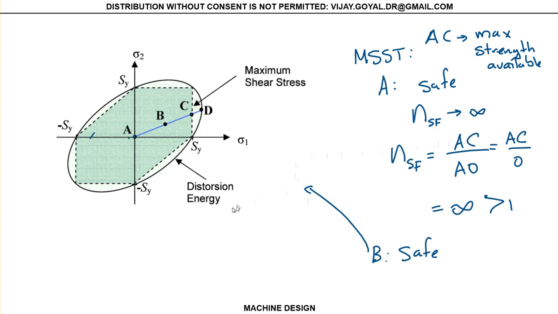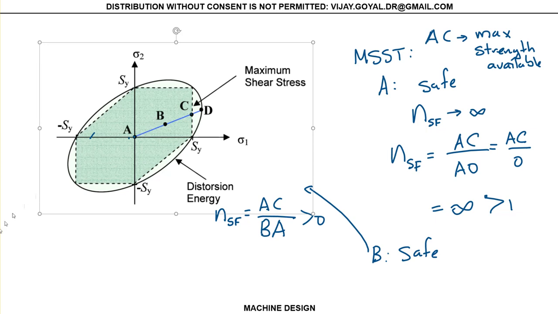So that's why I say my factor of safety will be the maximum strength I have available divided by my point B and the origin. The origin is nothing else than my point A. Okay, so that is going to be bigger than 1, as you can see, because this distance is smaller than this one. Got it?